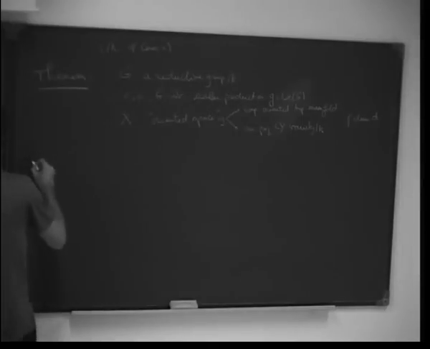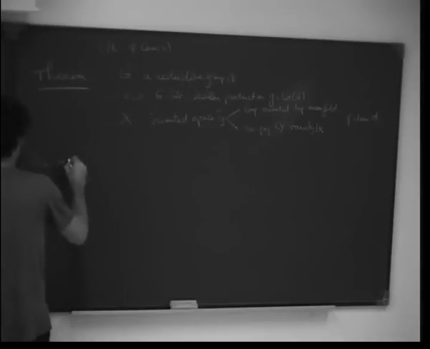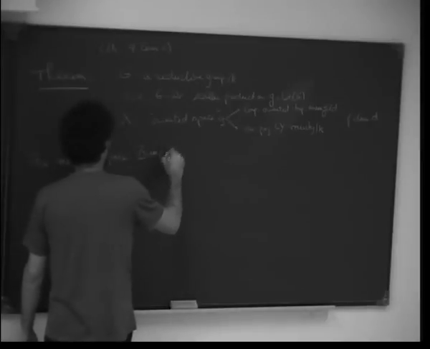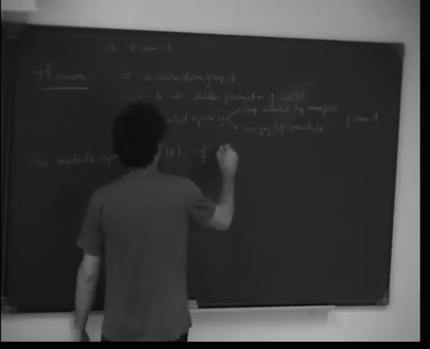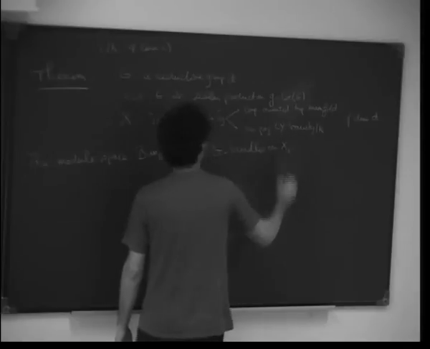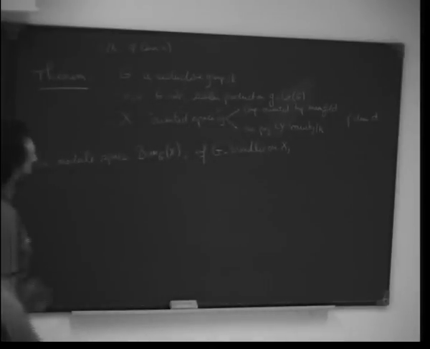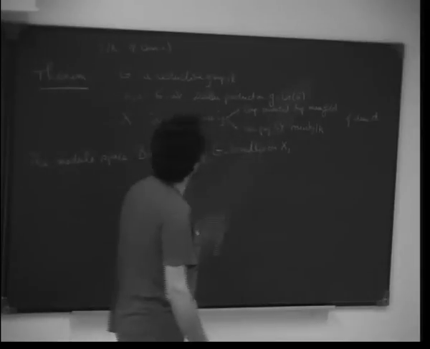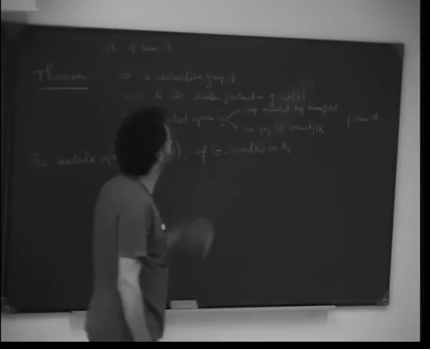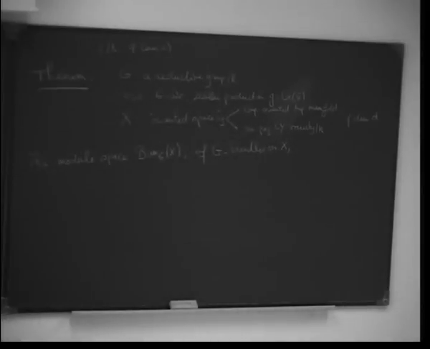Then the statement is the following, that the moduli space Bun-G of X of G bundles on X. So if X is a topological manifold, I really mean by G bundles on X, flat G bundles on the manifold X. And if X is an algebraic variety, I mean algebraic G bundles on X. And this is where it starts to get a little bit cryptic.